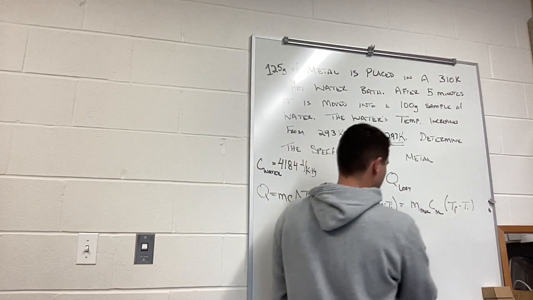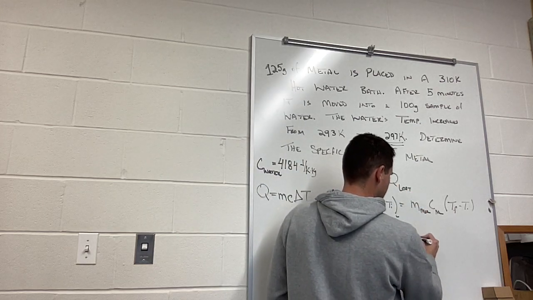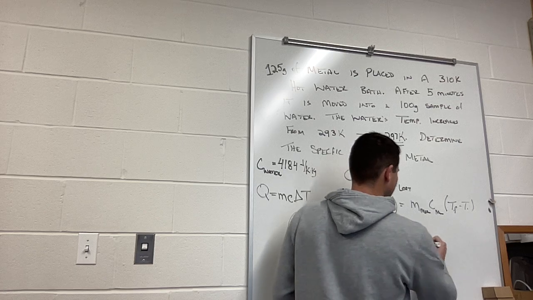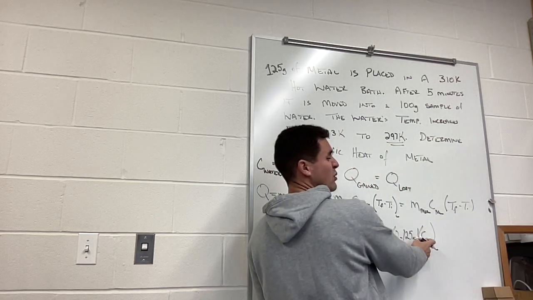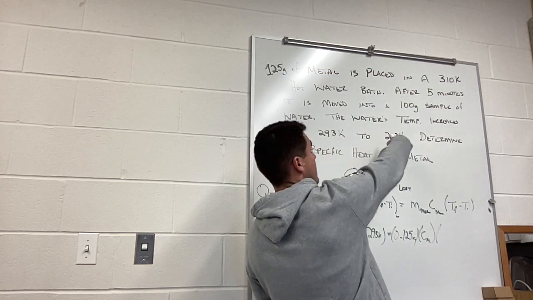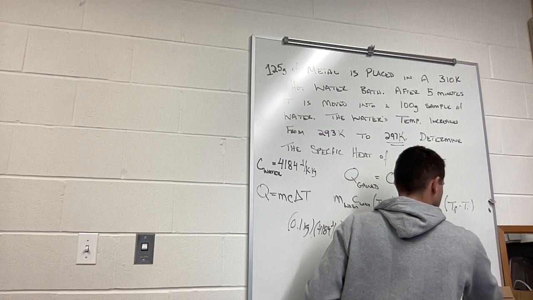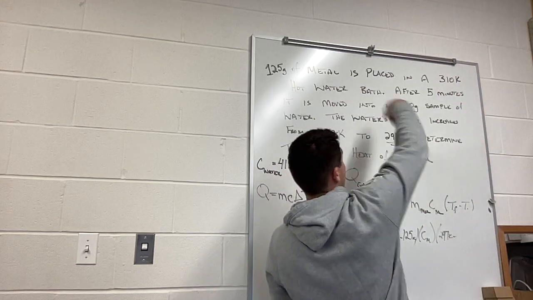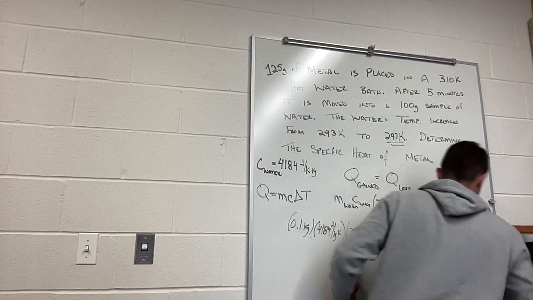The metal was 125 grams, so that's 0.125 kilograms times the specific heat. That's what I'm solving for, the specific heat, or C, of the metal. The change in temperature, its final temperature, same as the water, 297. Initial temperature was 310 Kelvin.